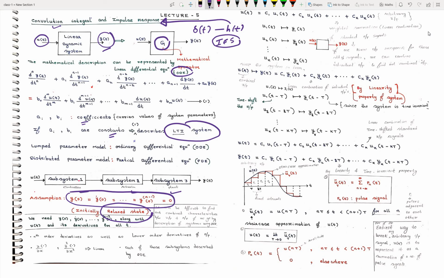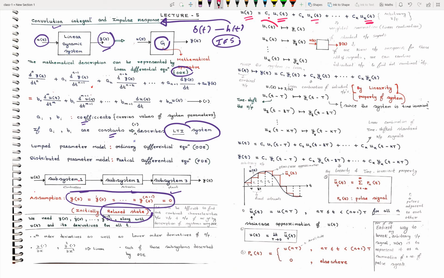Before we derive the convolution integral, let me introduce some of the theory. This theory will be helpful for the derivation. Okay, so what I have done here is that the arbitrary input u(t) is represented in terms of a linear combination of standard input signals u1(t), u2(t), and so on up to uk(t). These are the standard input signals and these are the coefficients. Why have we represented it in this way?